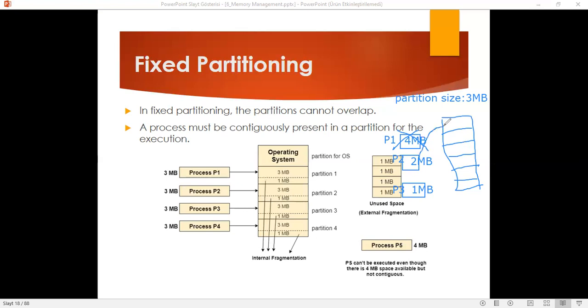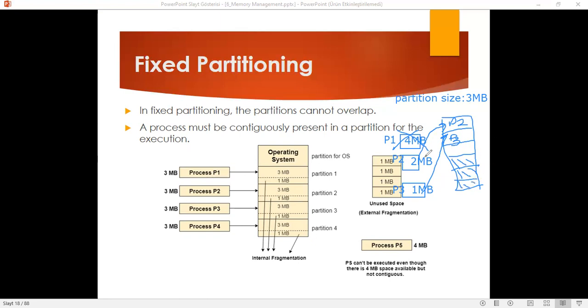Process 2 can fit in one of them. Process 3 can fit in one of them. But because each partition is 3 megabytes, 1 megabyte of space is here, 2 megabytes of space are here. Think also that there are some other spaces filled by other processes.